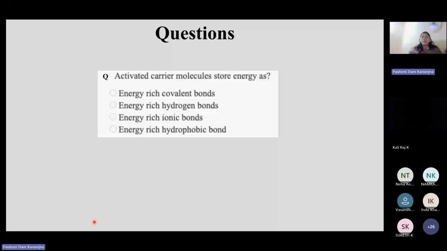Okay, next one. Activated carrier molecules store energy as. So where are their energies stored if I'm telling you they are activated carrier molecules?